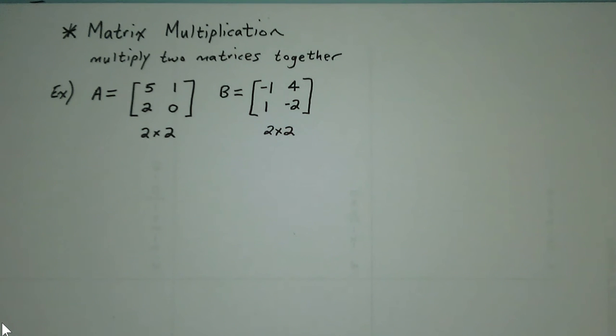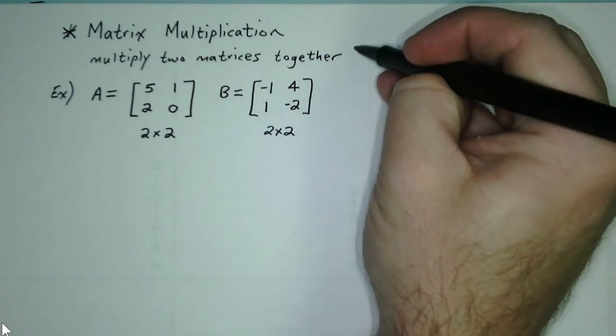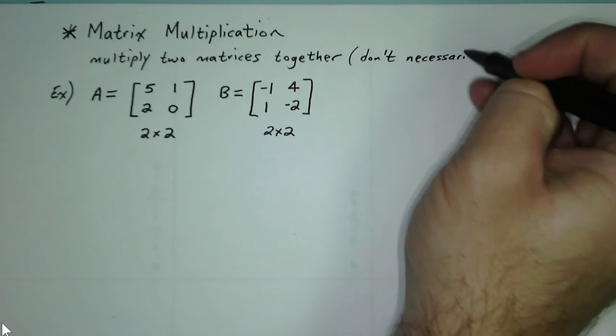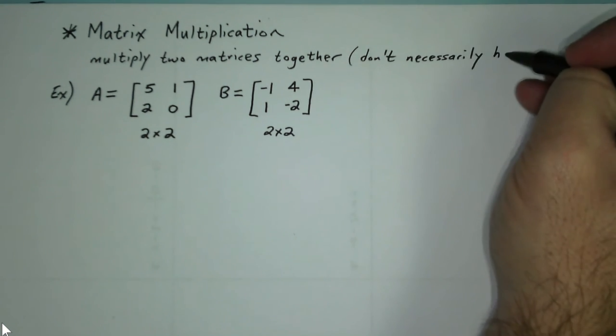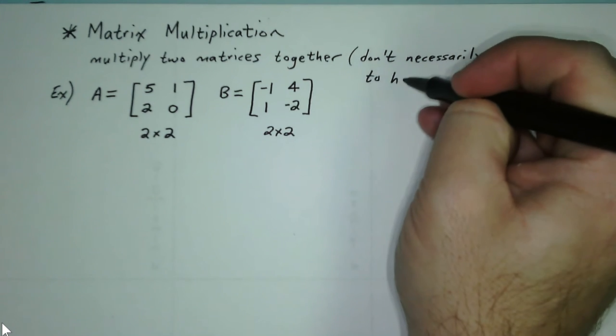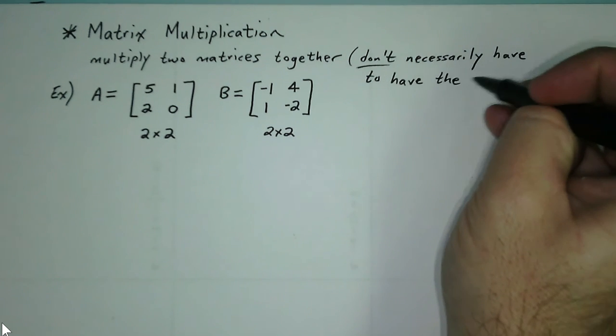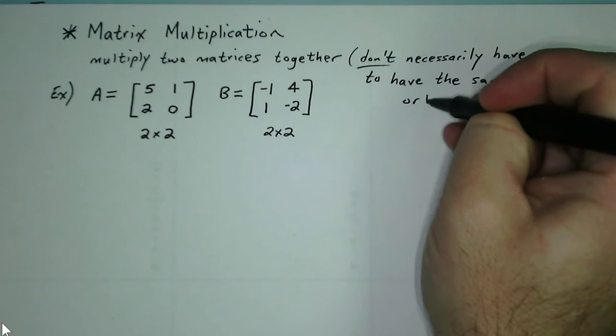Now, a little bit of foreshadowing. These are matrices that have the same order. They're both 2 by 2s. But to multiply two matrices together, they actually don't necessarily have to have the same order.